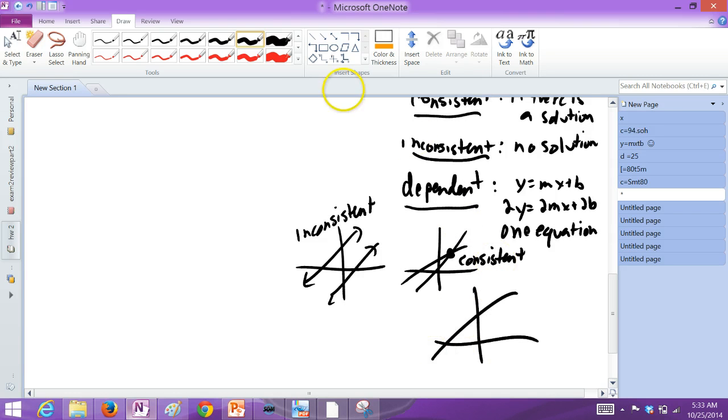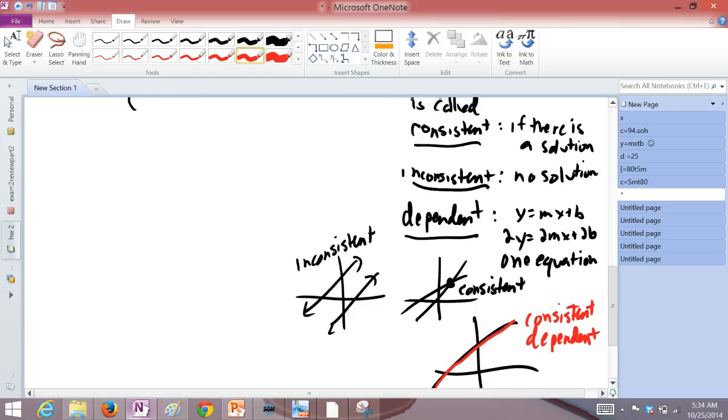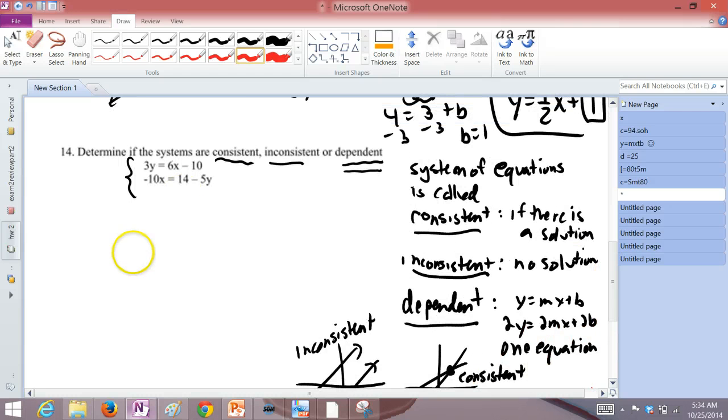There is a solution. If I graph the one line and I graph the other one on top of it, it's the same line. So there is a solution. So it is, on the one hand, consistent, but on the other hand, it's also dependent, because you only have one line there.